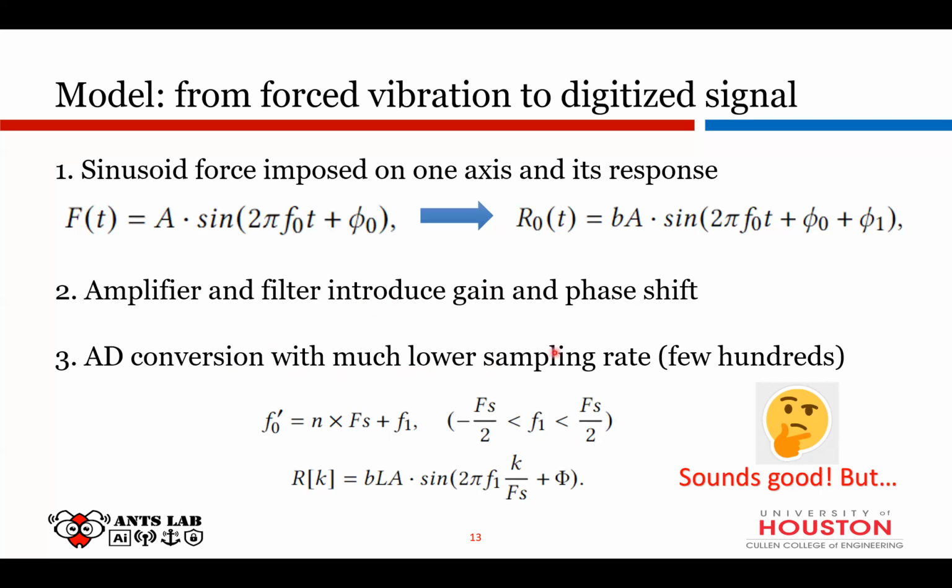Because the working frequency of this sinusoid signal from the speaker is usually several kilohertz, but for the gyroscope, the sampling rate can be only a few hundred hertz, for example, 200 hertz for a standard gyroscope. We know that it is insufficient if we are using Nyquist low-band sampling.